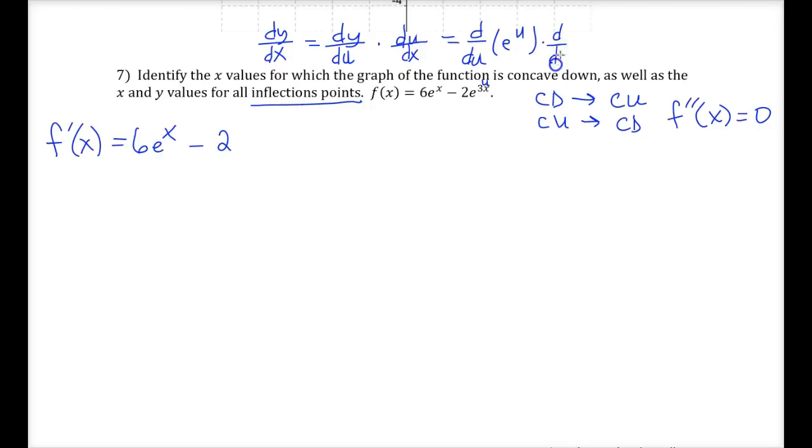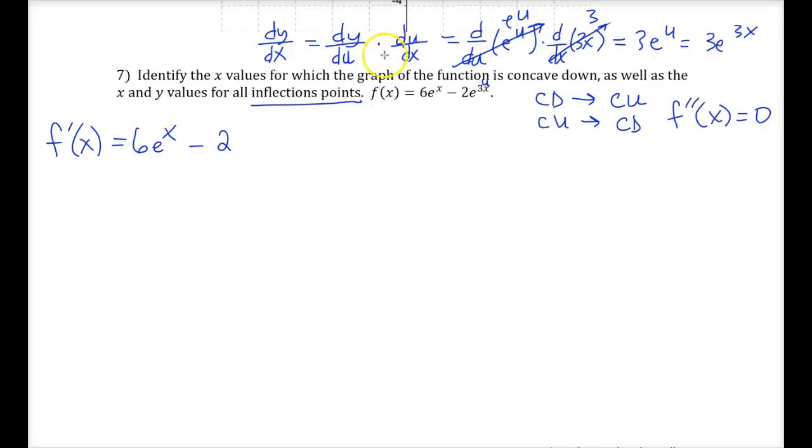And of course, u is just 3x. So once we're done, the derivative of all this is just e to the u, and the derivative of all this is just 3. So we just end up with 3 times e to the u, and u is 3x.